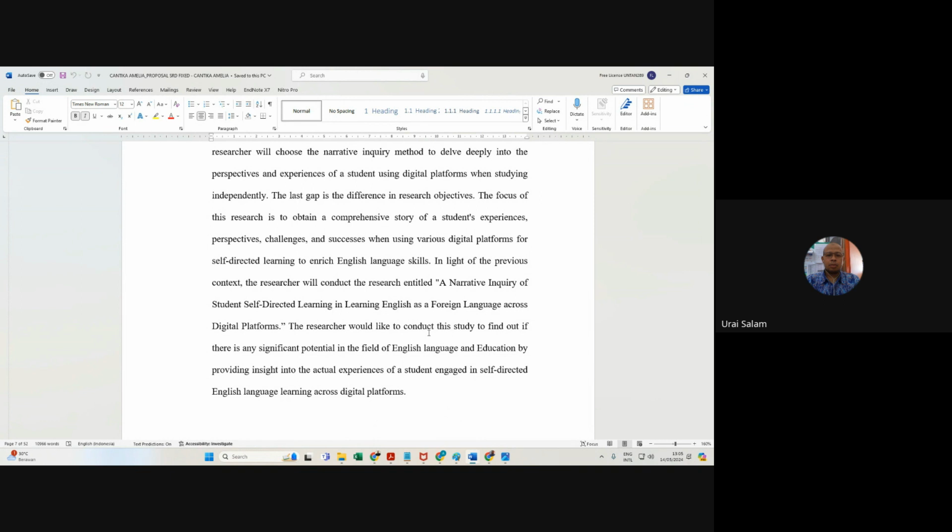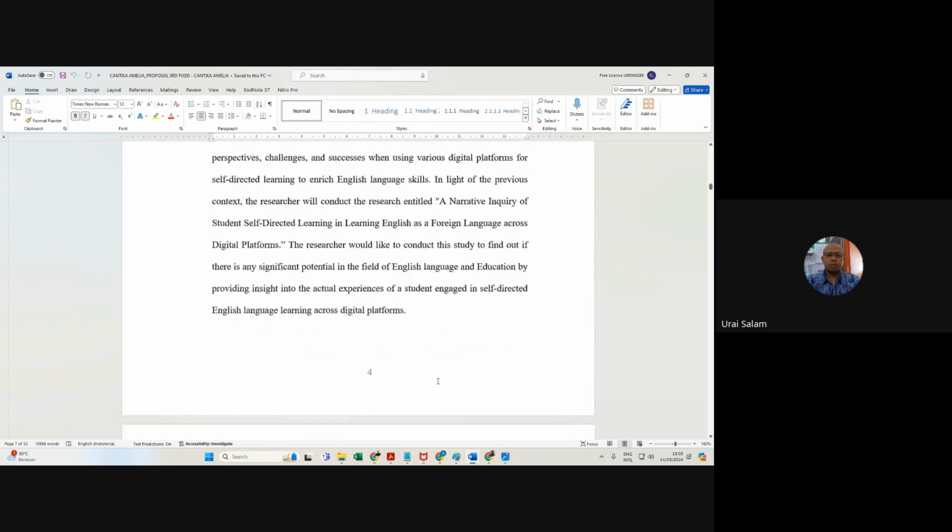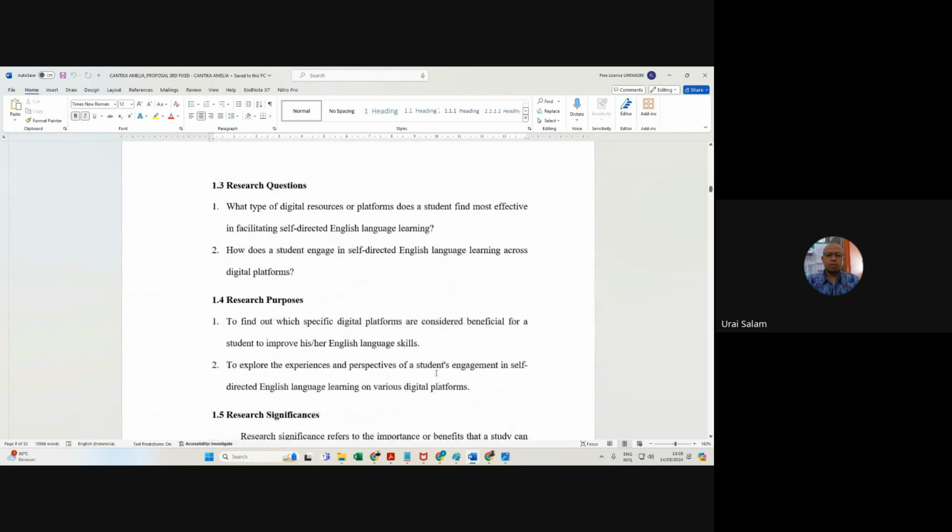Therefore, your research is focusing on that one. This is the way how you frame or shape your introduction into that point.